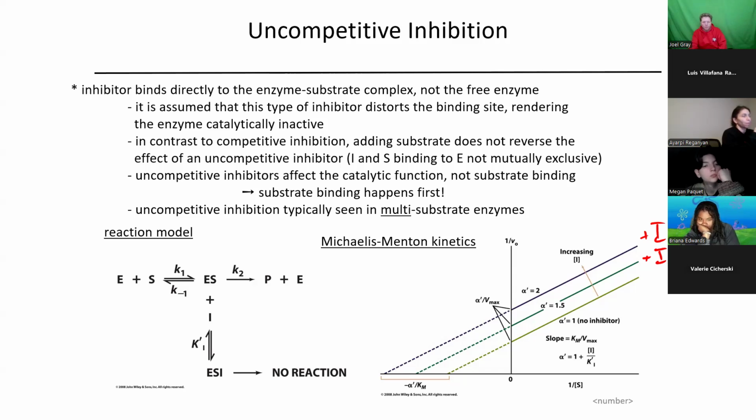Now, what sort of questions might you see regarding this? Your questions are going to be, what are the species that can be formed? And whenever I say species, I'm referencing ESI. So can EI form in the presence of an uncompetitive inhibitor?